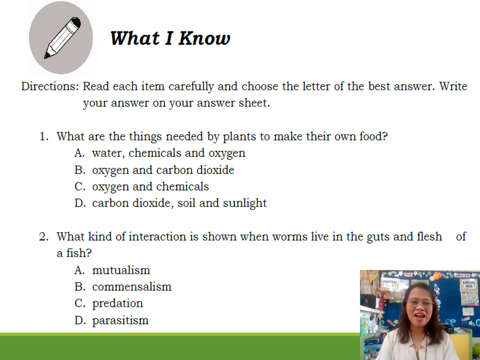What kind of interaction is shown when worms live in the guts and flesh of a fish? A, B, C, D. Don't you worry, class, I know these words are new to you, but as I've said before, you can still repeat or replay this so that your answers will be correct. Let's proceed to number 3.